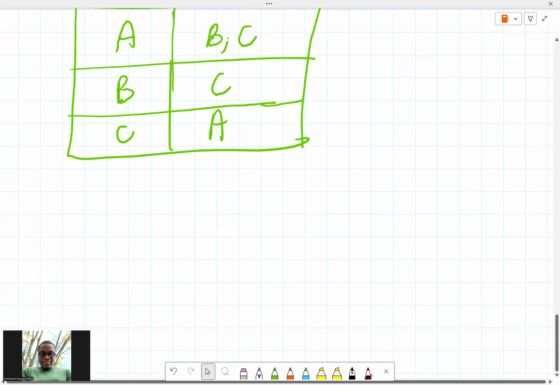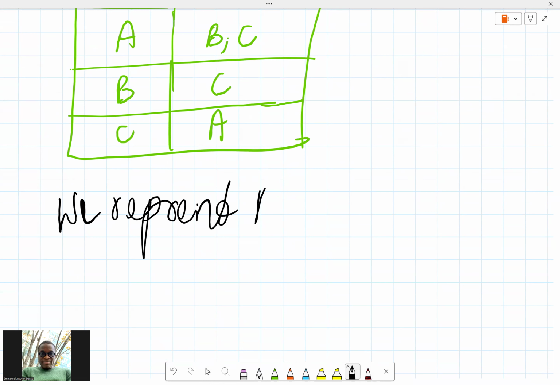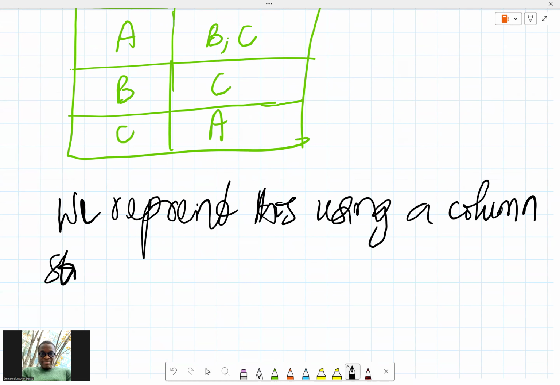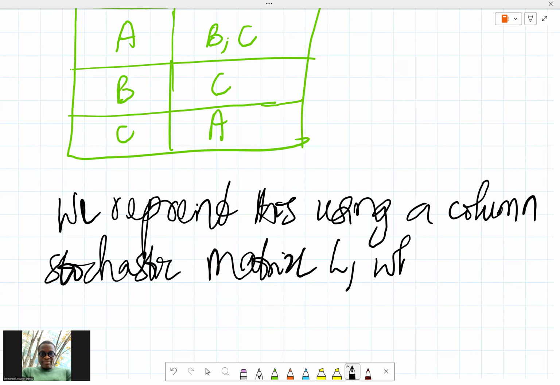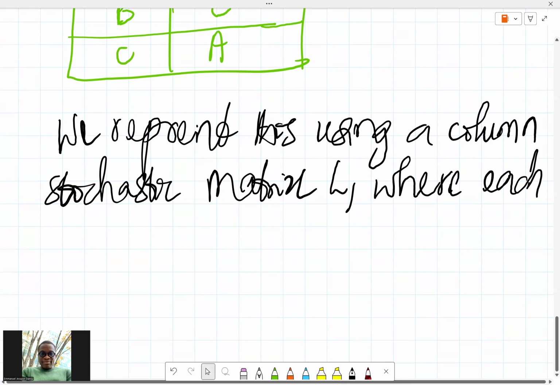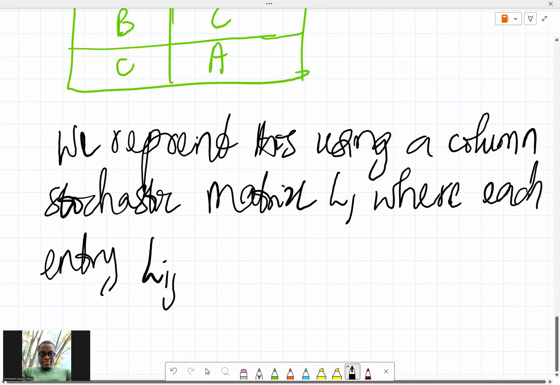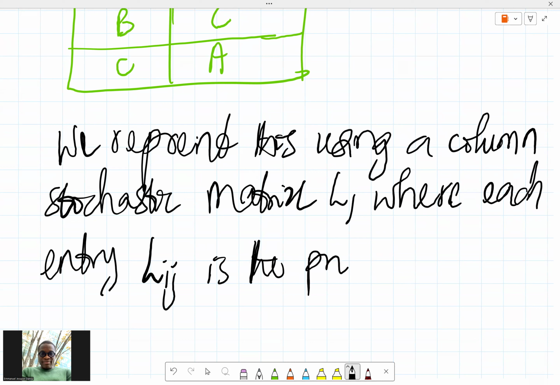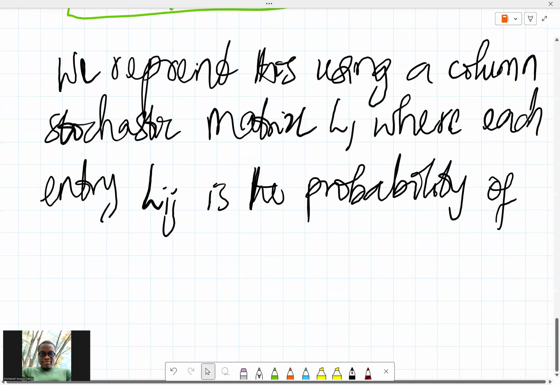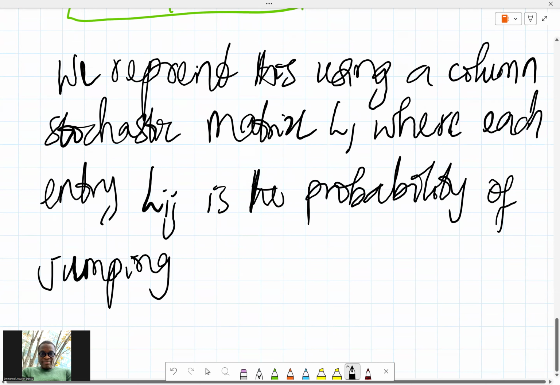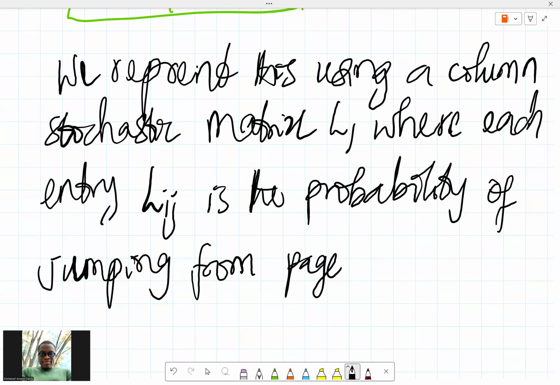Now, we represent this using a column stochastic matrix L, where each entry Lij is the probability of jumping from page j to page i.